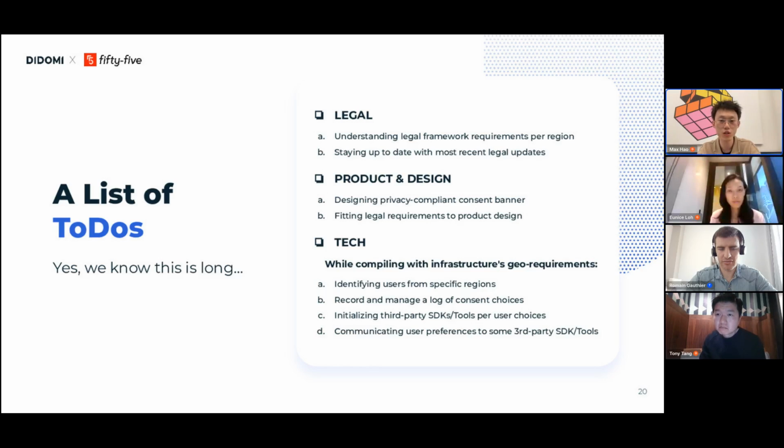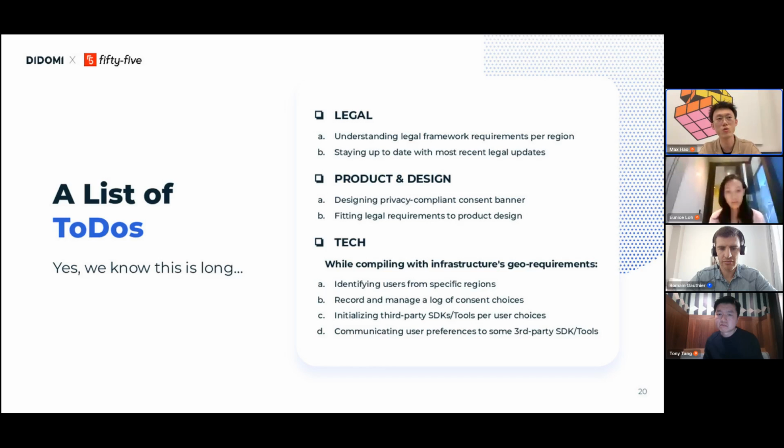So having understood the legal aspect of it, you will need to fit that legal understanding to your product and design, which means that you will need to design a banner that is first compliant with the privacy policies, and second, integrated deeply into your product so that your consent banner is not out of shape with your product. Your audience wouldn't think this is from another planet or universe. Right, you need to fit those into your product.